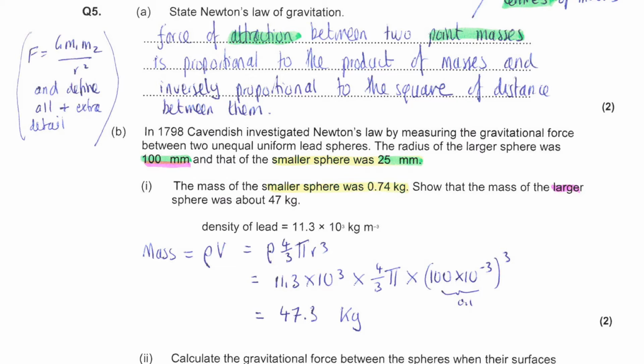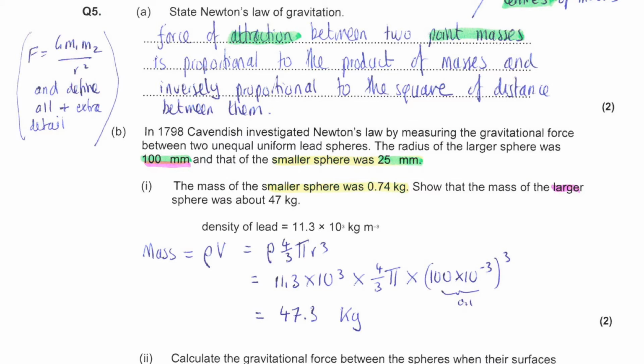Next, we're looking at an experiment carried out by Cavendish to measure the gravitational force between 2 uniform lead spheres. You're given the radius of each of the spheres. First part of the question asks you to find the mass of the larger sphere.